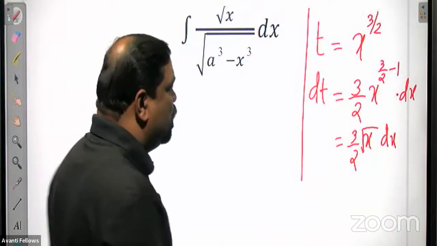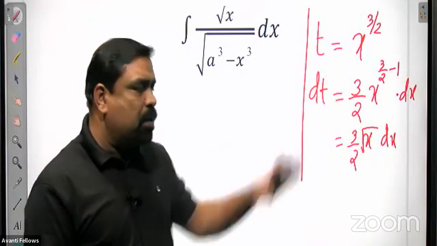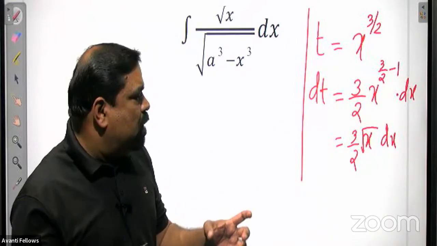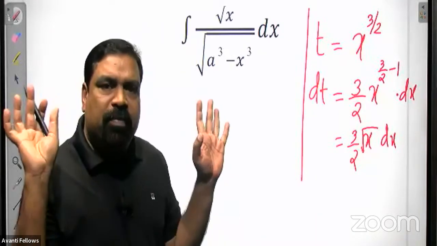So we got root x dx. That means we have to substitute x power 3 by 2 as t.